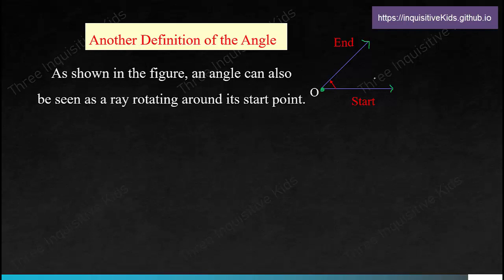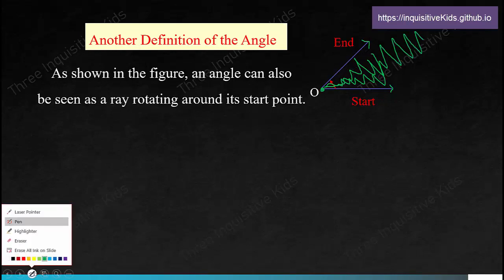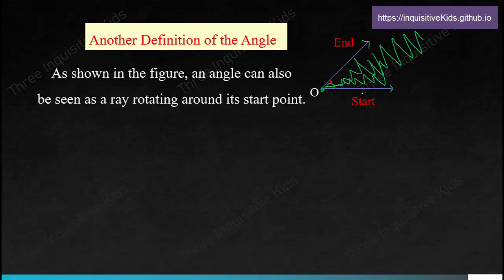What it's saying is you could think of it as this angle, and it's rotating upwards around O, and the infinite space in here would be the angle. Is that correct? Of course it is. There's also another way. You could think of it as right here, and then you actually rotate this way.